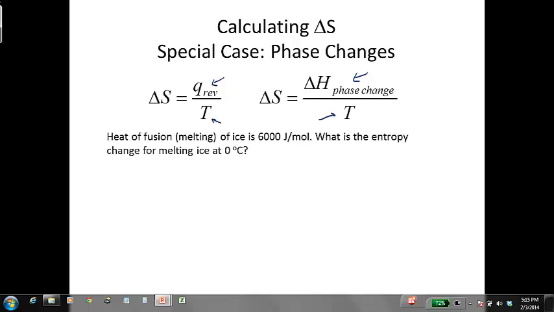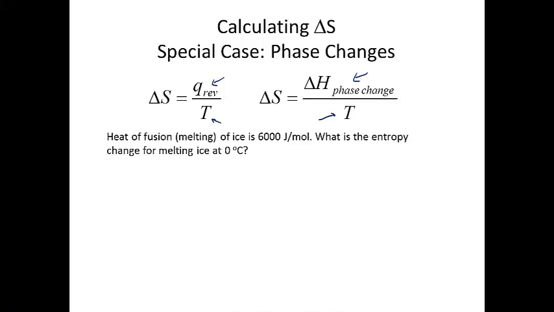And so we'll do a quick calculation here for the heat of fusion, that is melting of ice. So when ice melts from the solid state to the liquid state at 0 degrees Celsius, what is the entropy change? So delta S is given by the heat exchanged, and from the point of view of the delta H, energy has to be added to the system to melt, so that's a positive.